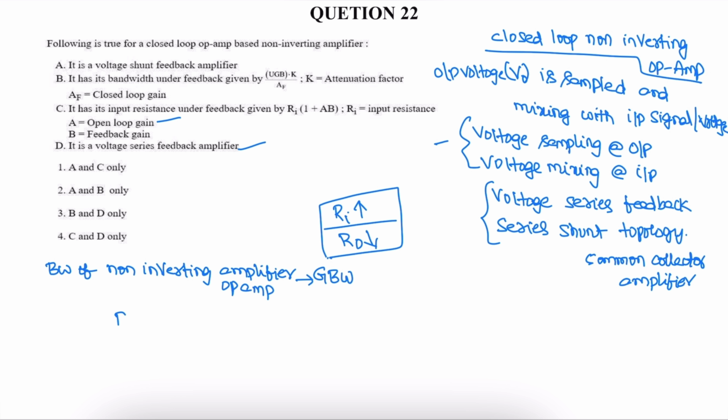So bandwidth is equal to gain bandwidth product divided by voltage gain AB. In case of non-inverting closed loop operational amplifier, voltage gain is 1 plus Rf by R1 if op amp is ideal.